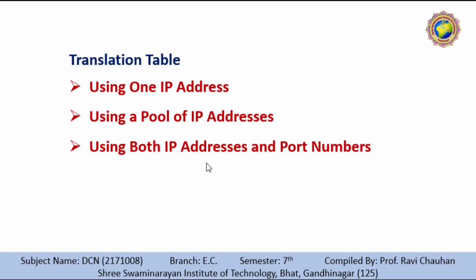For example, instead of using only one global address, just like our 200.24.5.8, the NAT router can use four addresses: 200.24.5.8, 200.24.5.9, 5.10 and 5.11. In this case, four private network hosts can communicate with the same external host at the same time because each pair of addresses defines a connection.